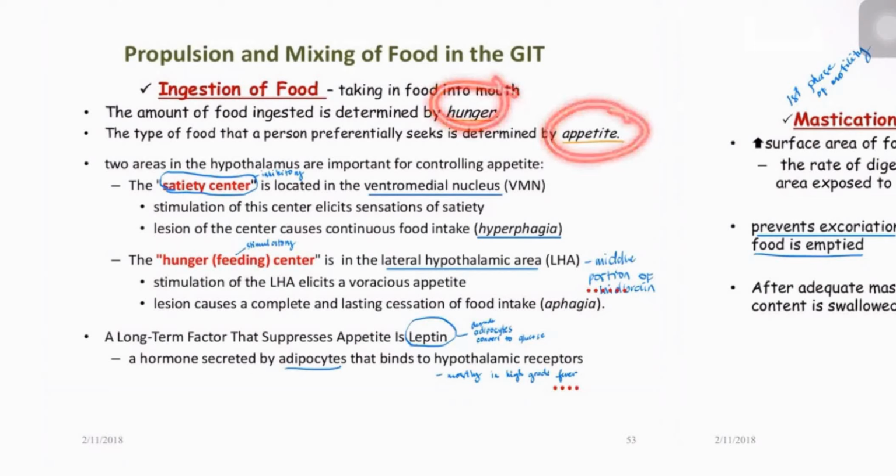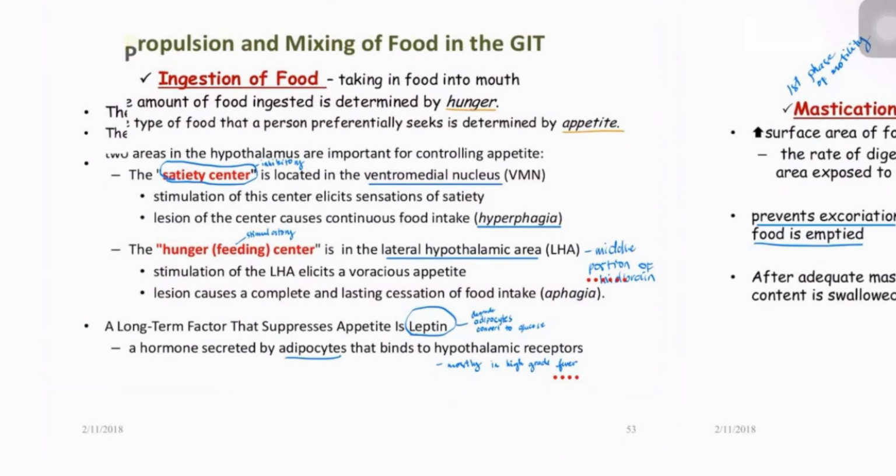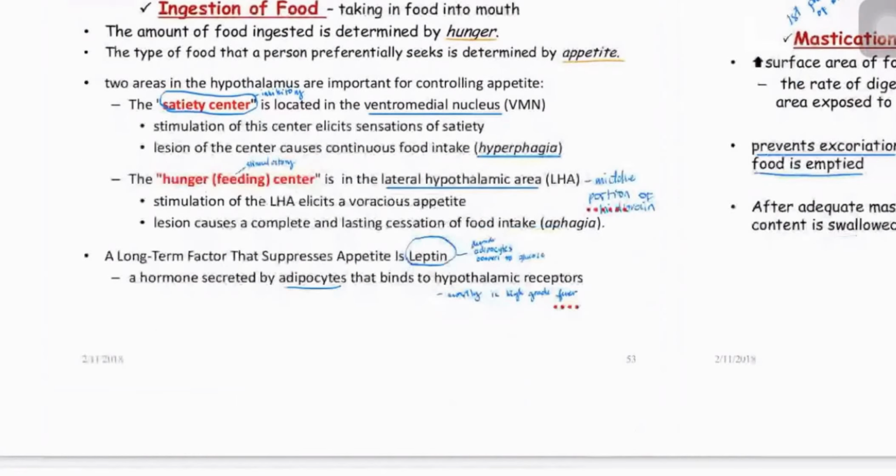So we have two areas in your hypothalamus that are important in the control of your appetite. We have the satiety center and the hunger center.